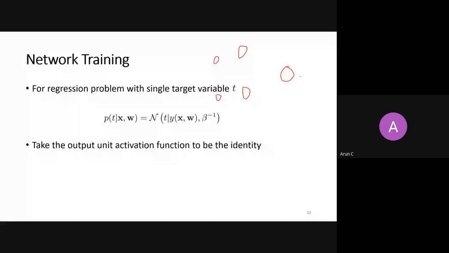So I am approximating, let's say, some sinusoidal or some parabola like this I have just shown you here. Whatever number I get from this output layer, I will take it as a mean, the same way, right? I take it as a mean and I say that there is a variance around it. It can go up and down with some variance.